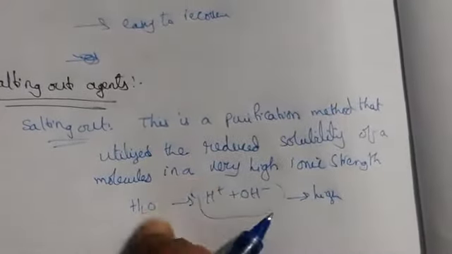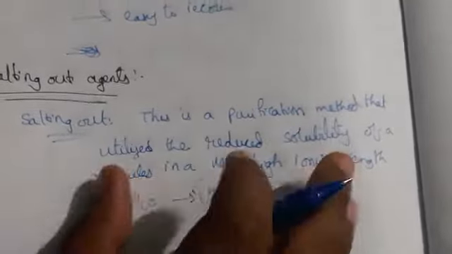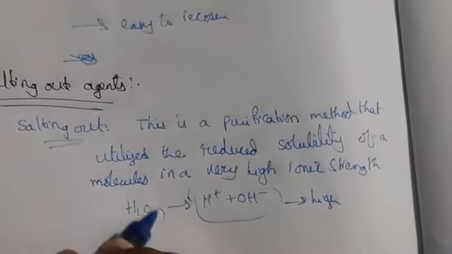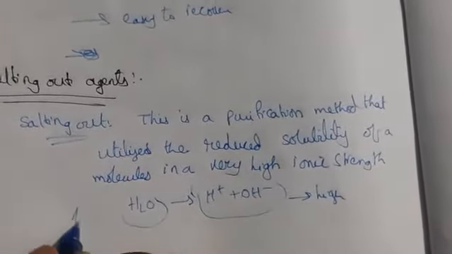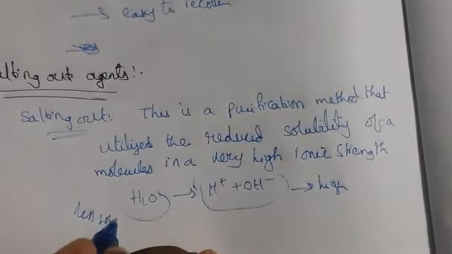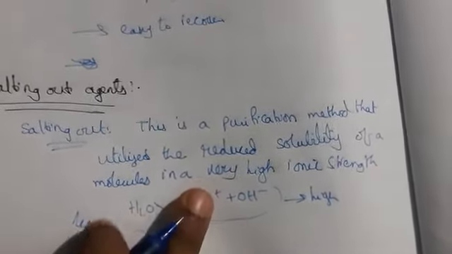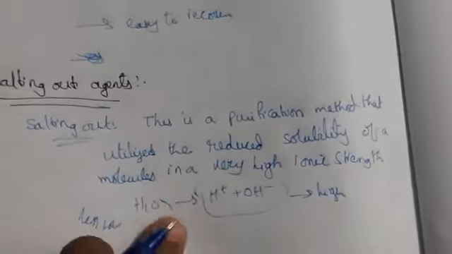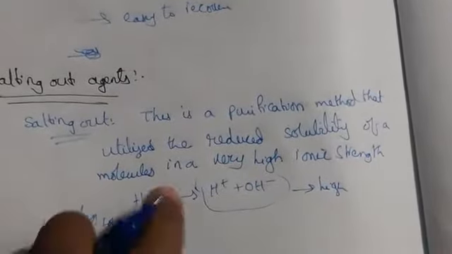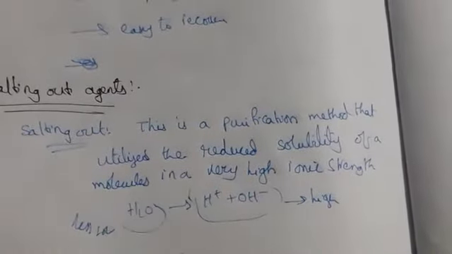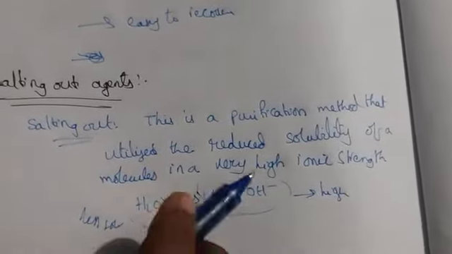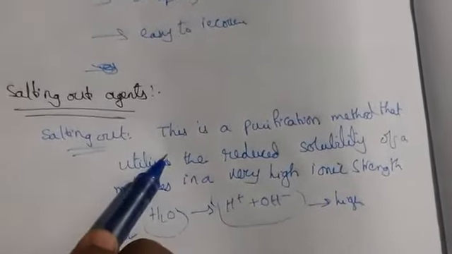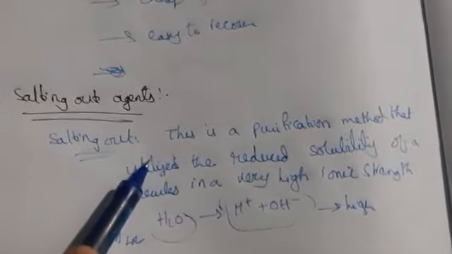So the water molecule will have less solubility nature. Why? Because here we are purifying the metals. So when you purify the metals, the water should automatically have low solubility, and that happens when the concentration is high. That is nothing but salting out agents.